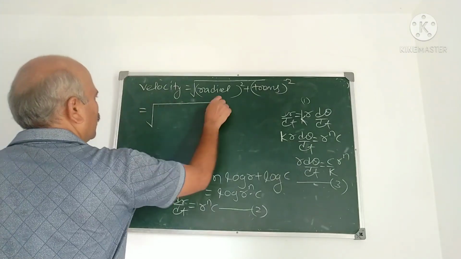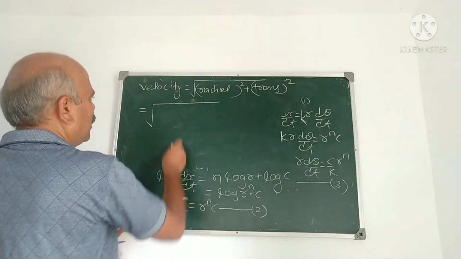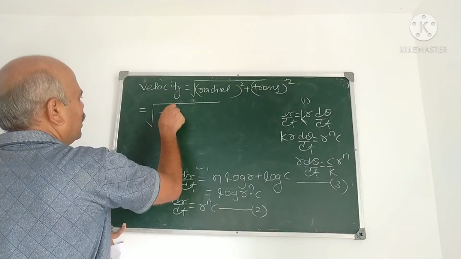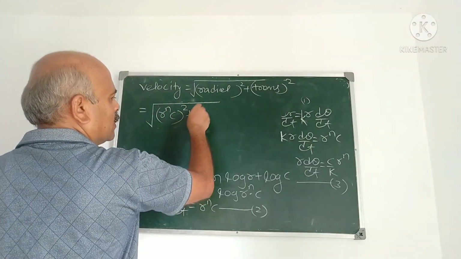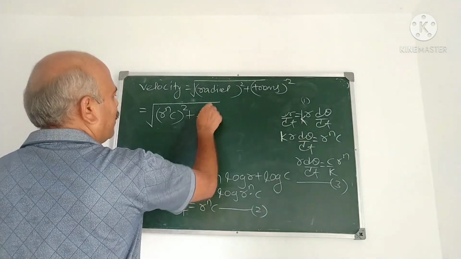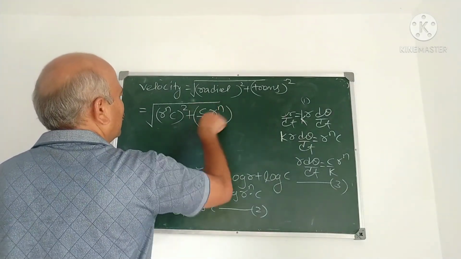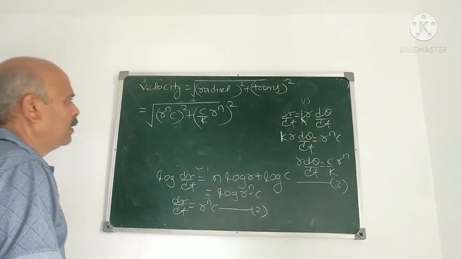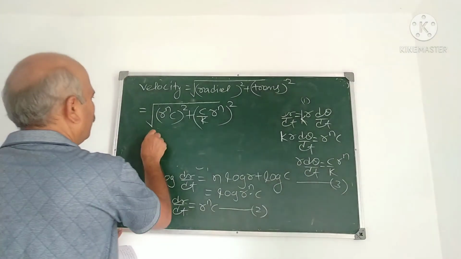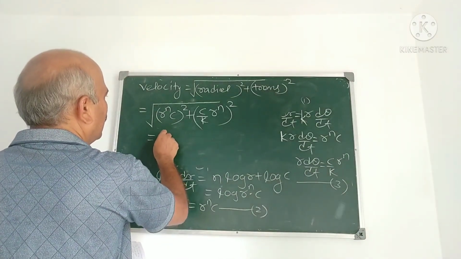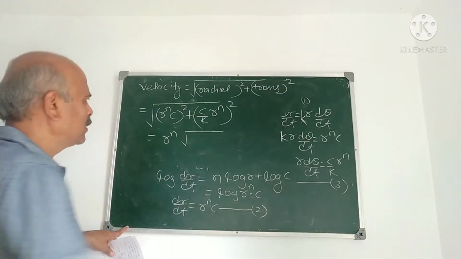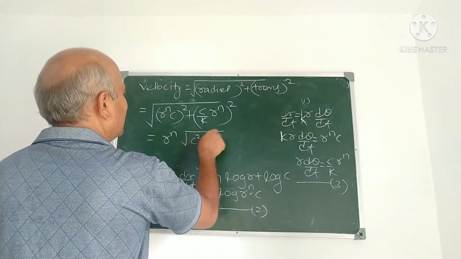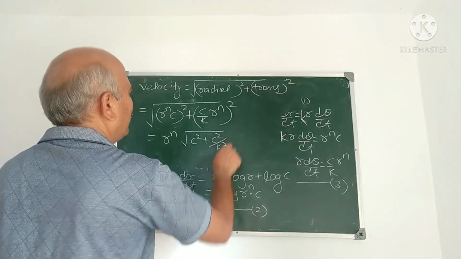Therefore it is the square root of, what is radial velocity? dr by dt, r raised to n into c, squared, plus c by k r raised to n squared. Therefore it is r raised to n into the square root of c square plus c square by k square.